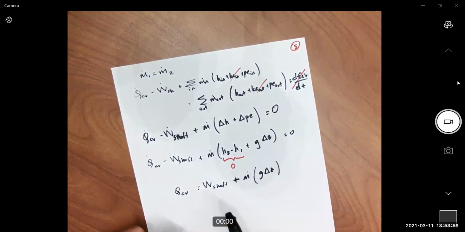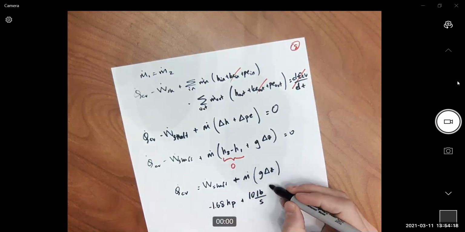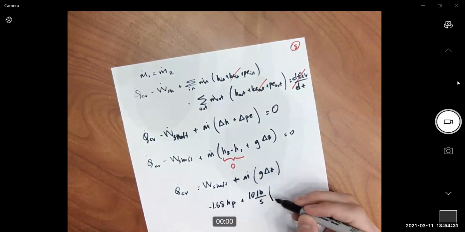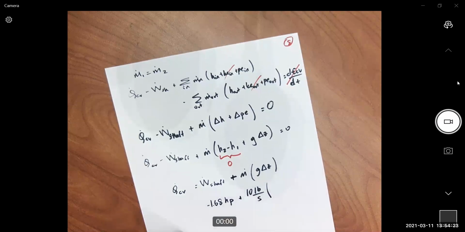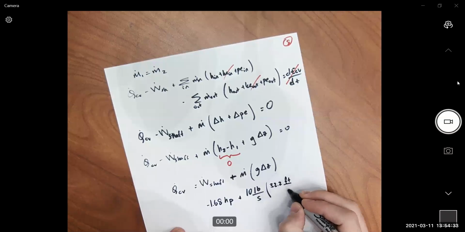I know my work, it was 1.8 horsepower, minus 1.8 horsepower plus the mass flow rate, 10 pounds per second, times g, if anybody remembers g, 32.2 feet per second squared.